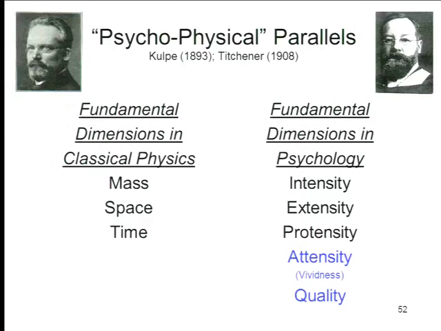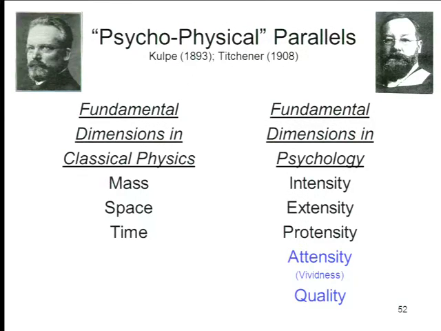For Newton, for Galileo, for everybody up until about Einstein, there were three classical dimensions in physics. Things had mass, things occupied space, and things occurred over time.